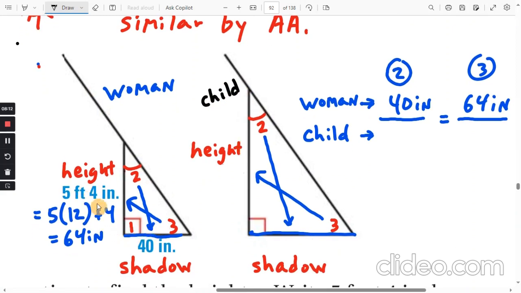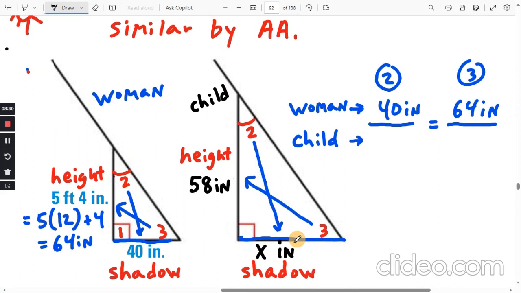And nothing changed for the woman. Okay, but the child's height, instead of the flagpole, we're going to put in the child's height. They said 58 inches. And they want to know the length of the shadow. So I'm going to make that X. Since the woman's shadow is in inches, I am going to make the child's shadow in inches as well.